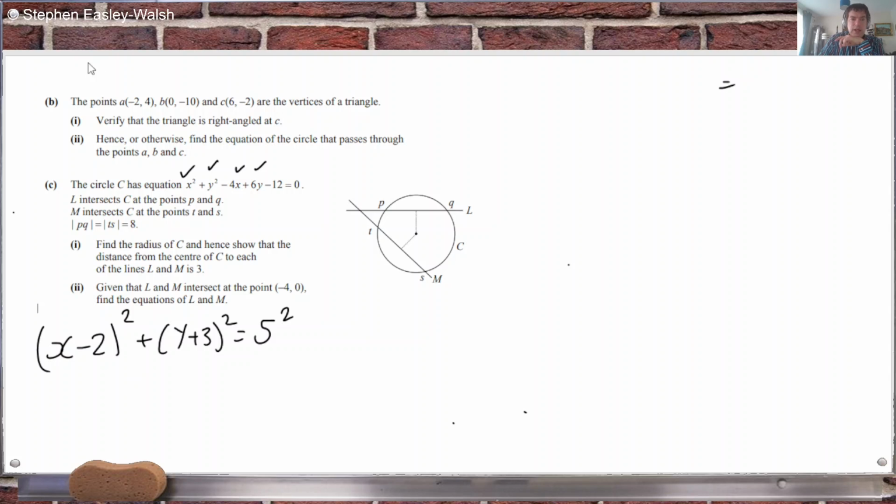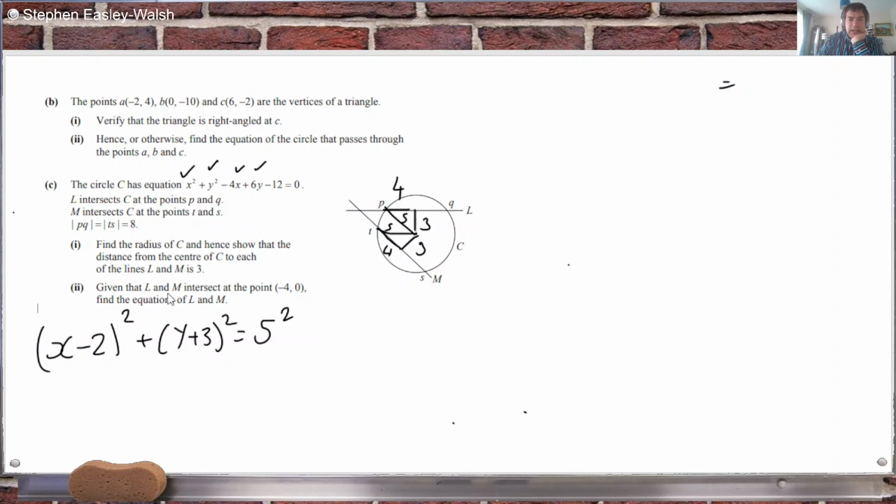So we know now that that's 3, that's 3, that's 4, that's 5, that's 5, that's 3, that's 4, and that's 5 as well.